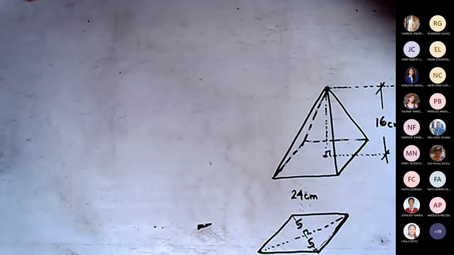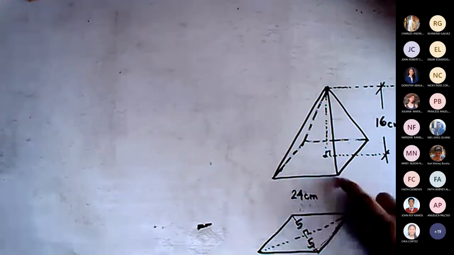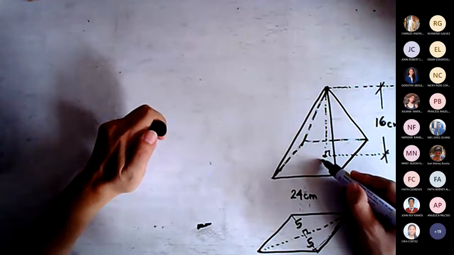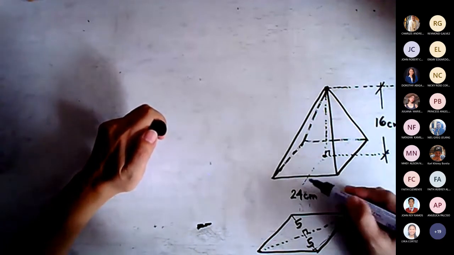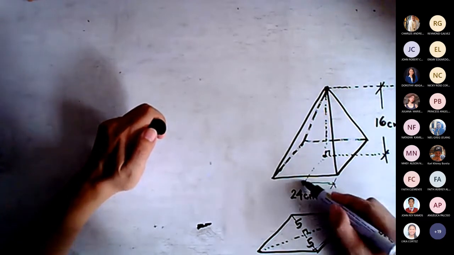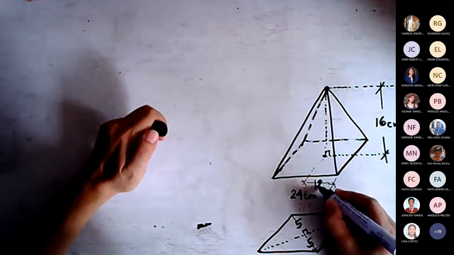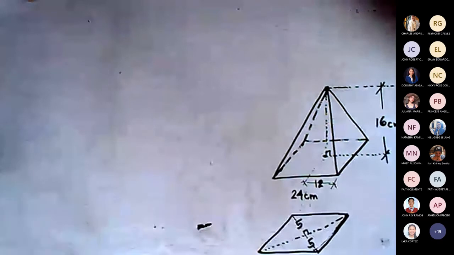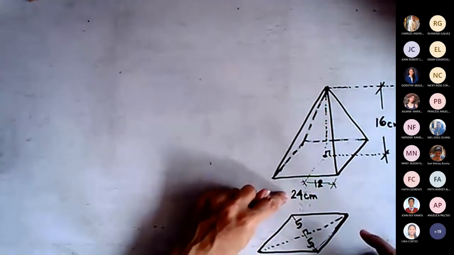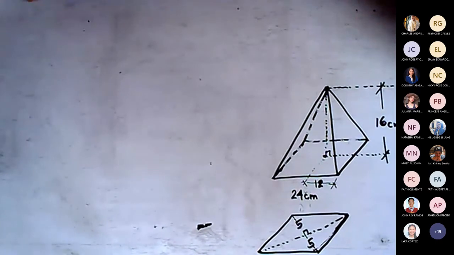So if you are going to notice, if this is 24 centimeter, this side is half of the 24 centimeter. So that means this is 12 centimeter. So this is 12 plus 12, that is 24 centimeter.